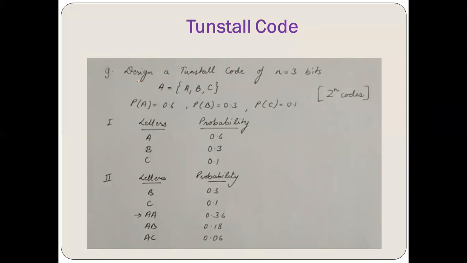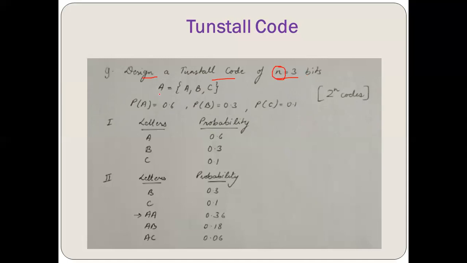The question here given is: design a Tunstall code of n equal to 3 bits. Sometimes it just says design a Tunstall code of 3 bits. So where 3 means I am talking about small n. This is the variable I'm going to use for the number of bits which I need to encode a symbol, right?